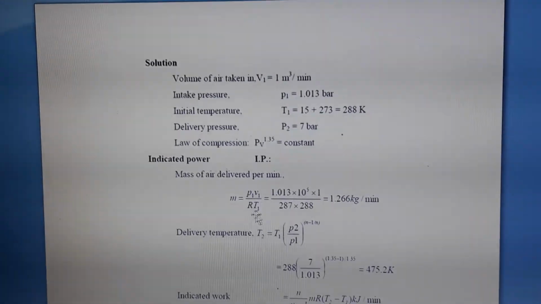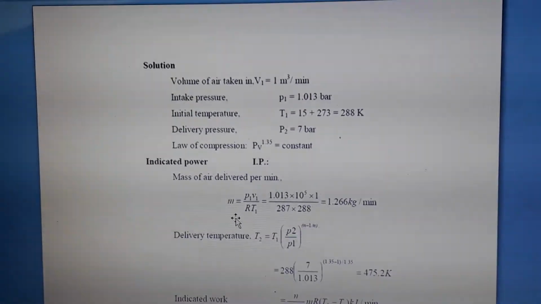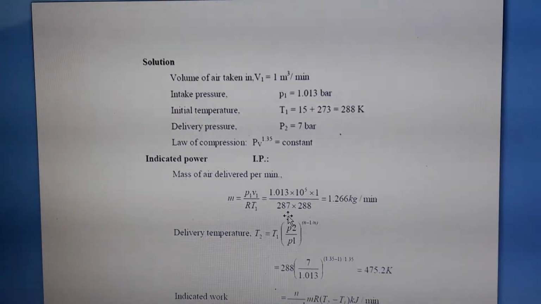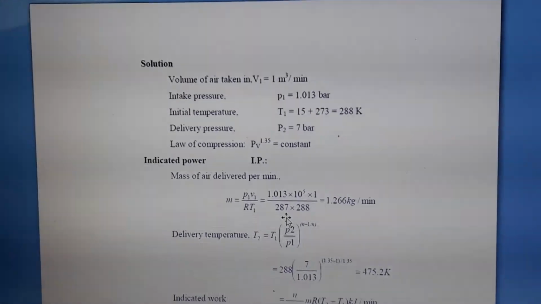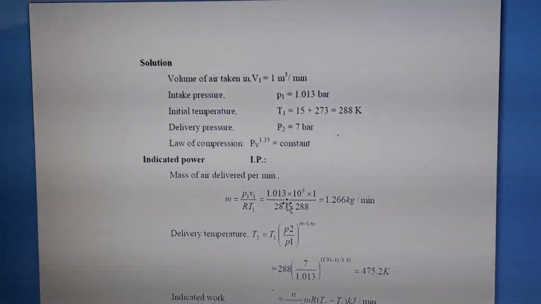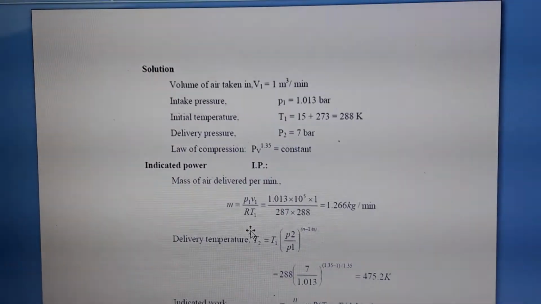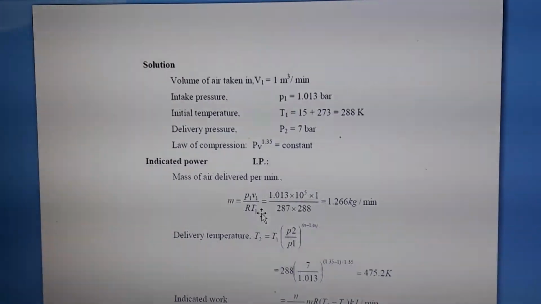Again the capital R is the characteristic gas constant, and the value of this characteristic gas constant is 287 joule per kg per Kelvin. Now substitute the value of P1, it is 1.013 into 10 to 5, the value of V1, that is 1 meter cube per minute, the value of R 287, and the value of T1 288.